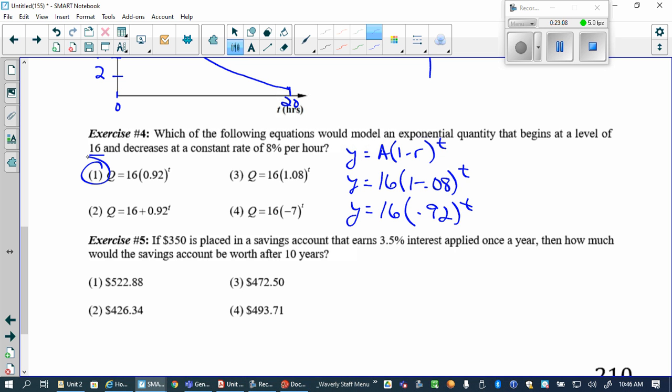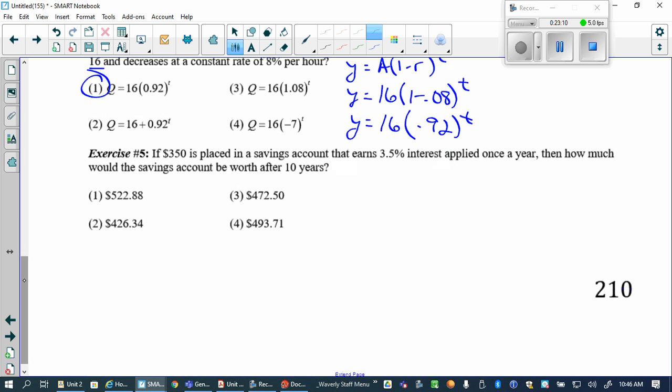All right, last one. 350 placed in savings at 3.5% once a year. How much would be there after 10 years? So what you want to do is write a function for this. Savings, S of t equals, write your function as a function of time. Everybody, do it on your own. And then you'll plug in 10 for your t once you get it written.